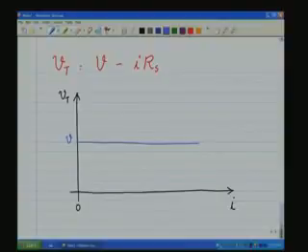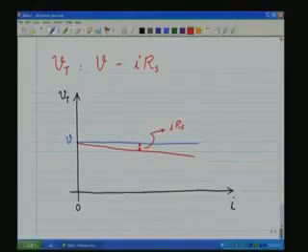However, it is not ideal, therefore it starts at this point, and then as the current increases, this negative component keeps increasing, that is I into Rs keeps increasing, and subtracts from the ideal component V. So this amount of voltage drop is due to I into Rs.